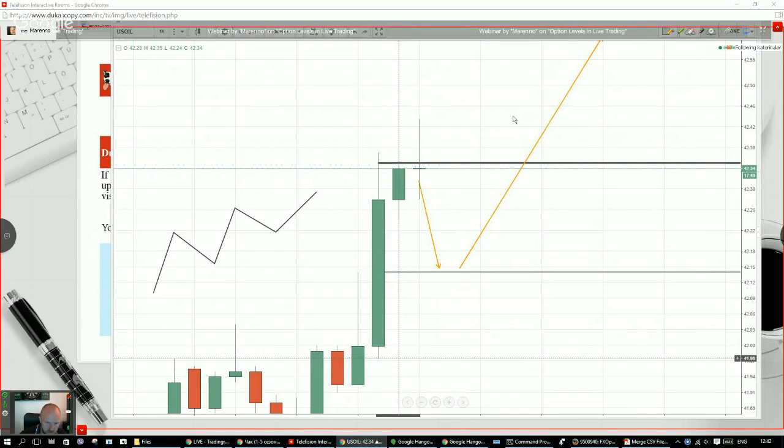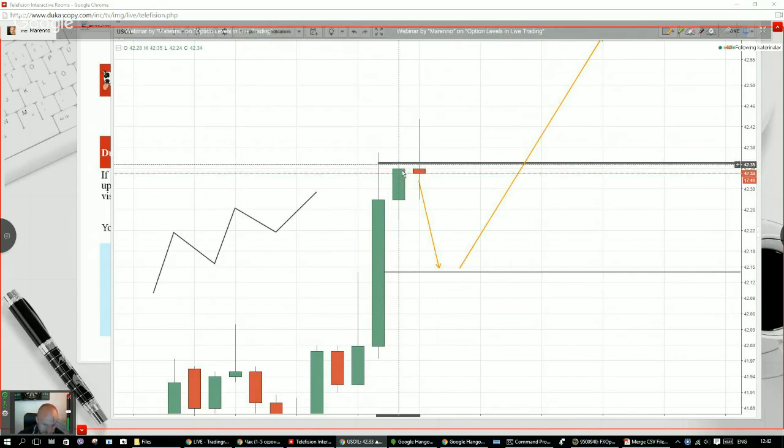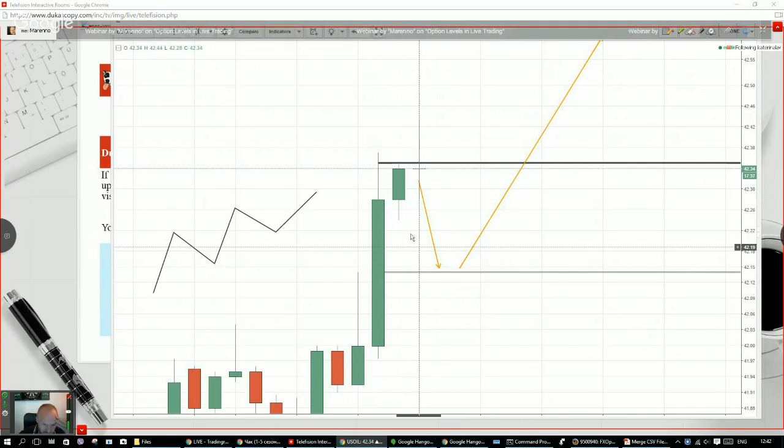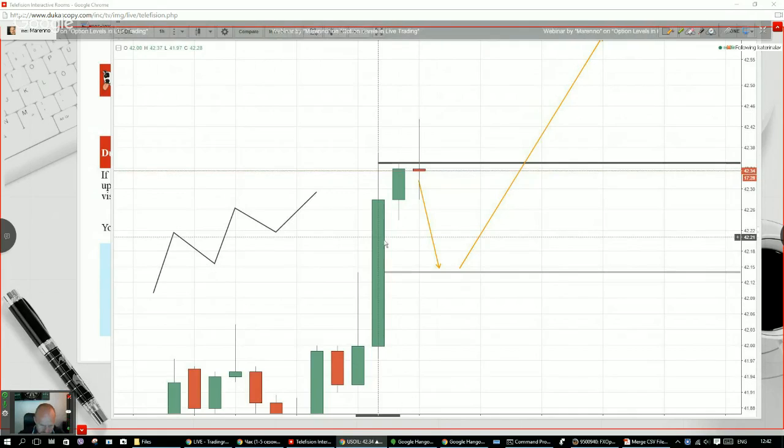The only difference is that you are using different tools that measure these ranges and the volume around them. Again, in case we had a lower low, then we would have a possible reversal around this area. So what is happening now?